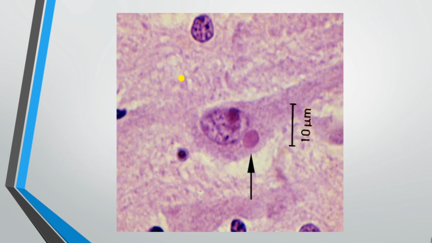So these are the Negri bodies seen in rabies virus infection, especially in the cerebellum and brainstem. A postmortem sample of the rabies-infected animal or human is taken to check for the presence of Negri bodies.